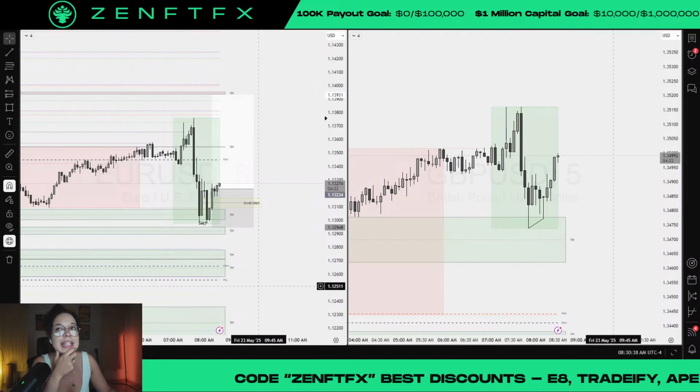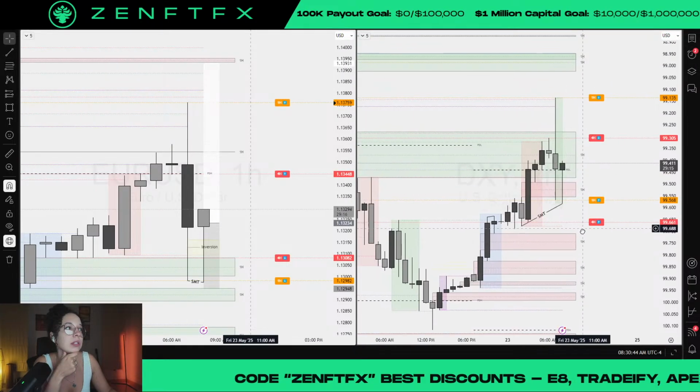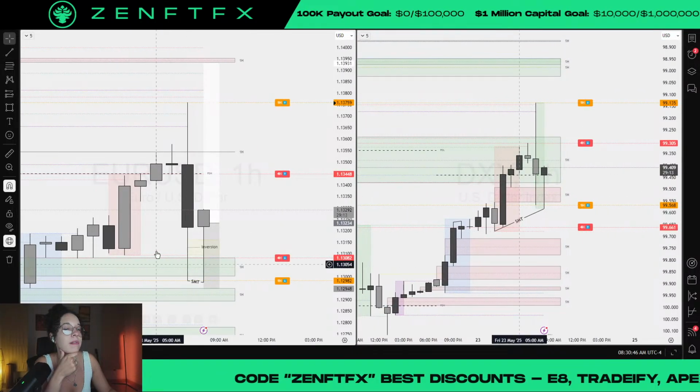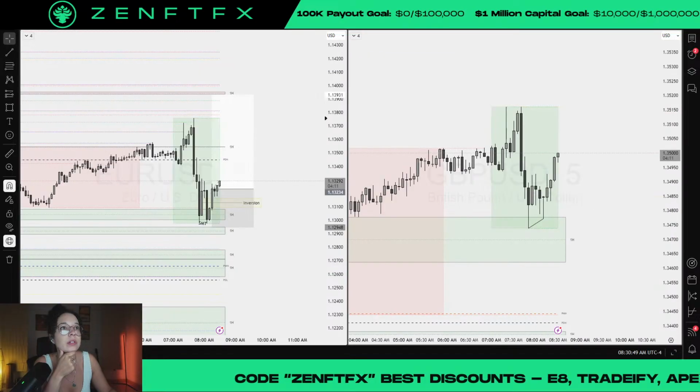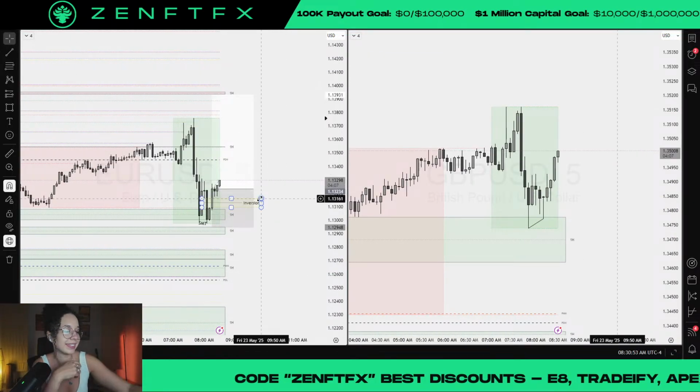But we're currently in these euro dollar plays. Let's see, DXY is still holding. Euro USD, all right, we're getting a little bit of action here.